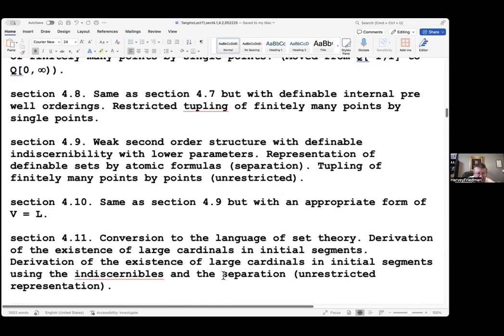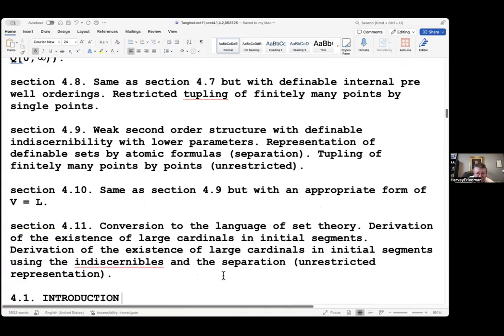Then we convert to the language of set theory and derive the existence of large cardinals in initial segments.